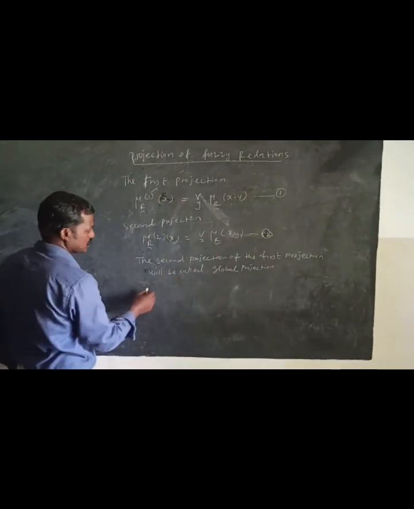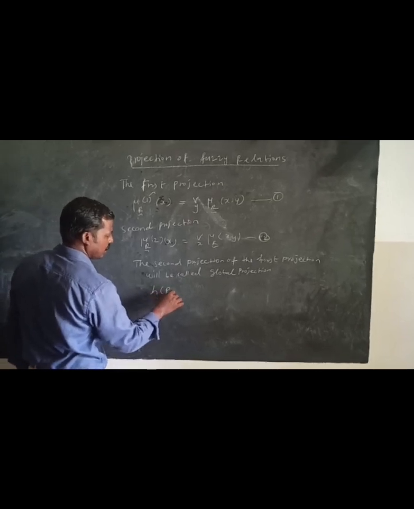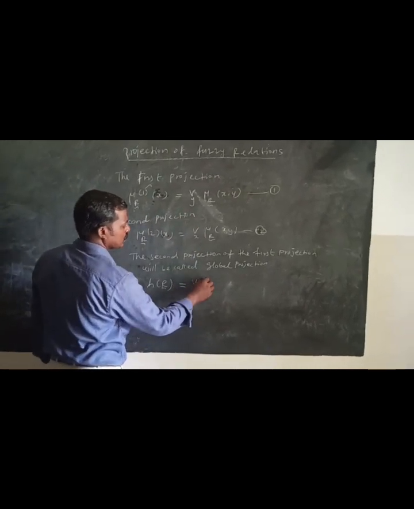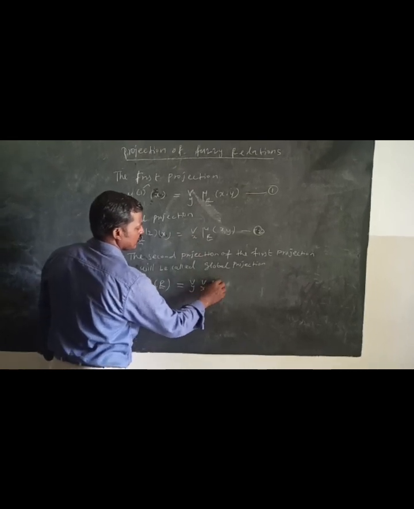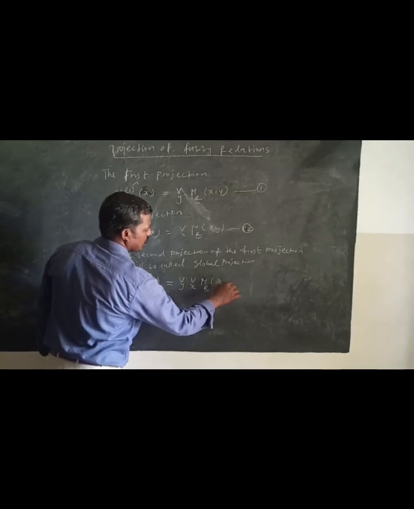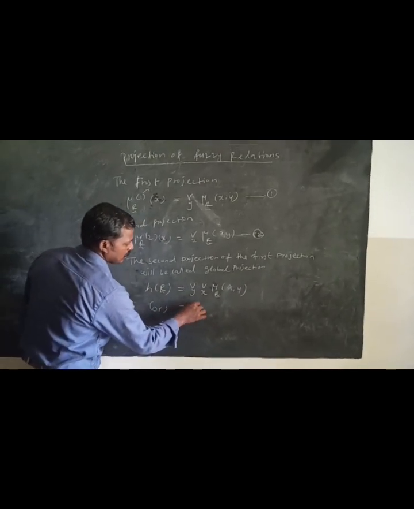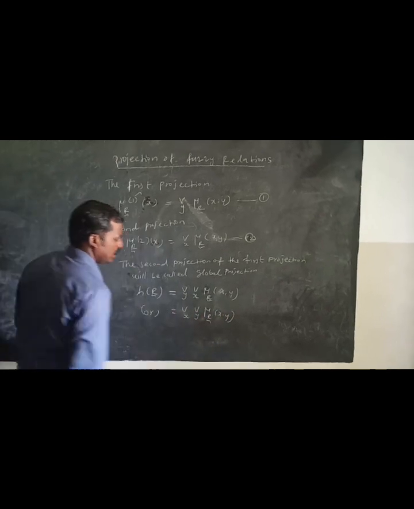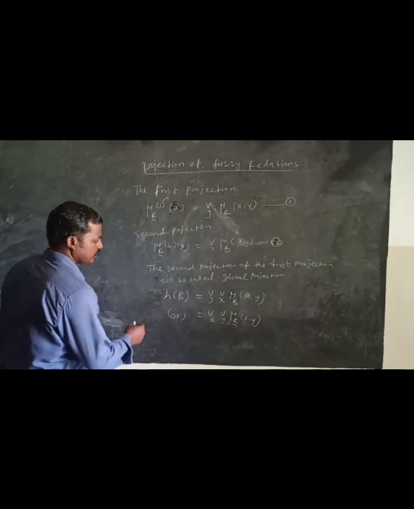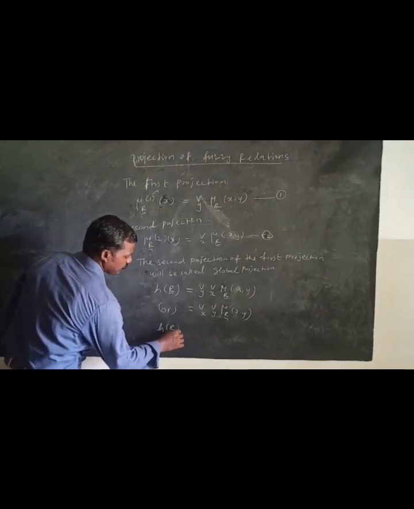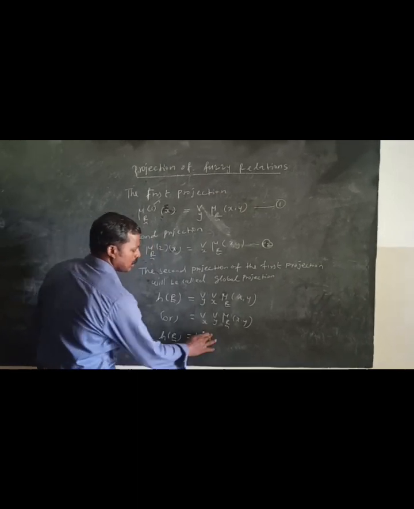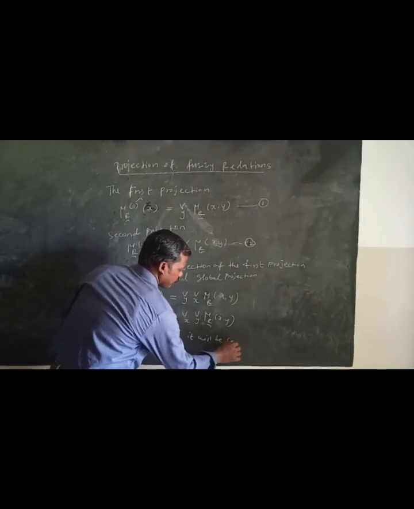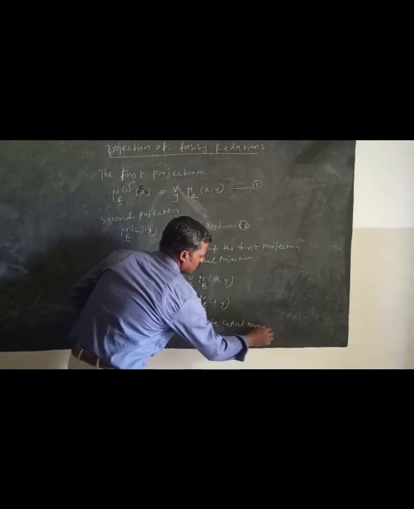Now we define the global projection. It will be denoted as H(R). Therefore, H(R) equals union over y and union over x of μ_R(x, y), or union over x and union over y of μ_R(x, y). If the value of the global projection H(R) equals 1, it will be called normal.